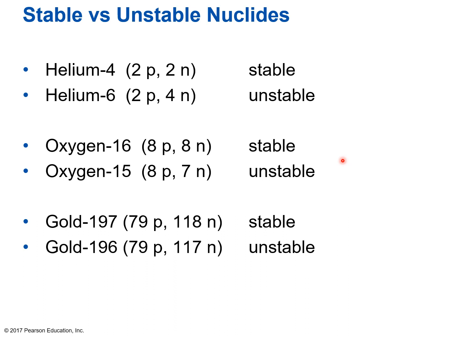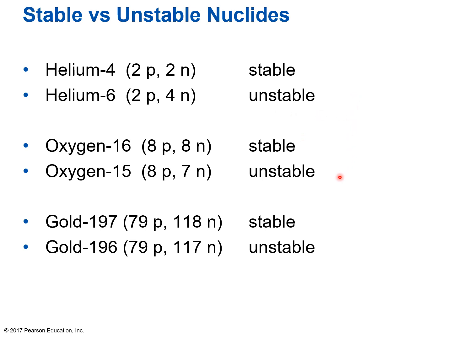I want you to notice between those two that I've shown you so far, in both examples, helium and oxygen, the stable isotope is the one that has equal numbers of protons and neutrons. Now, that isn't necessarily so throughout the periodic table of elements, but that is generally true for the smaller atoms. With helium-6, adding a couple of neutrons made it unstable.